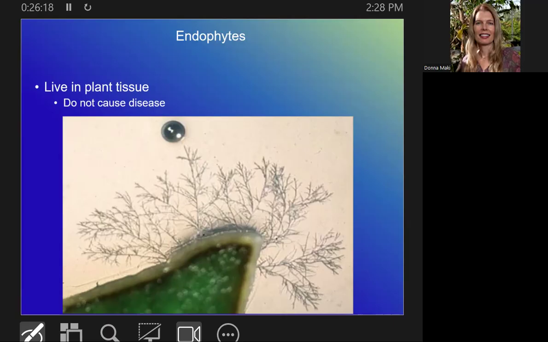I don't say that because mycorrhizal fungi put their hyphae out into the soil. So they're partly out of the plant and partly in. And so they deserve their own special category. They're mycorrhizal fungi. Most people who study endophytes consider endophytes to be organisms that live their whole life in the plant without causing disease.